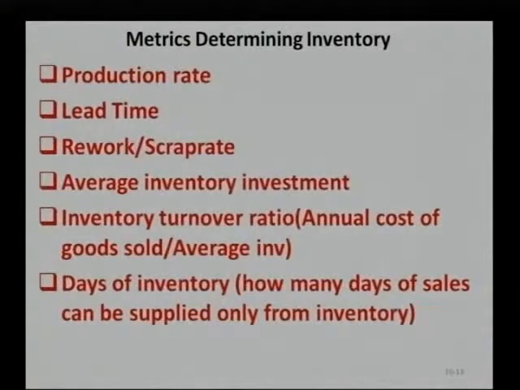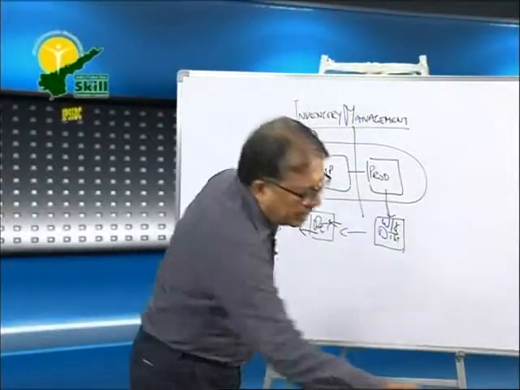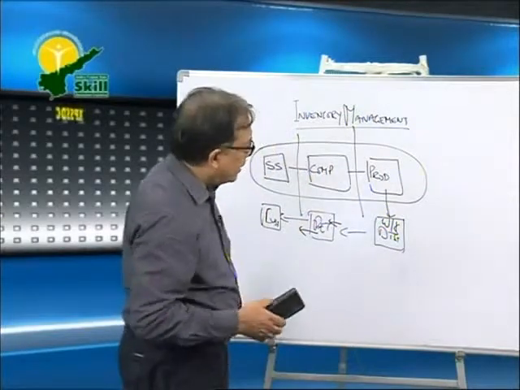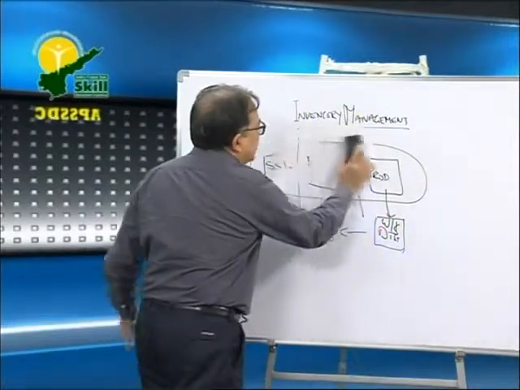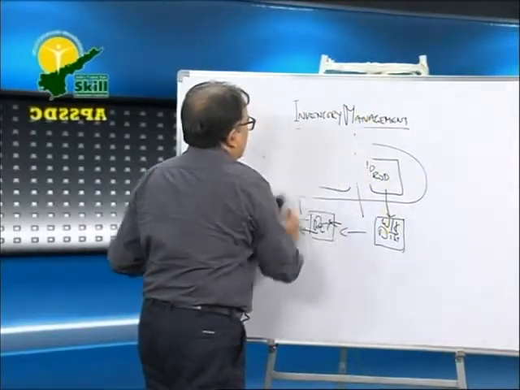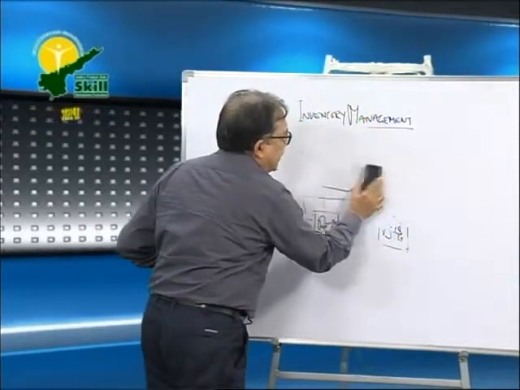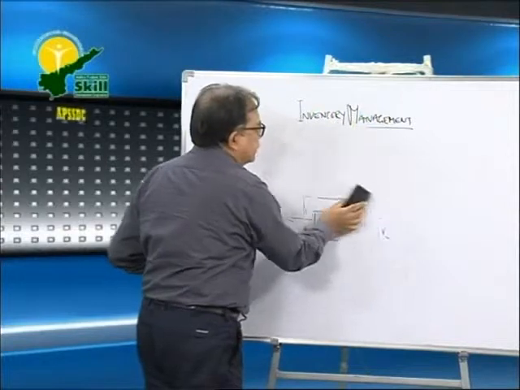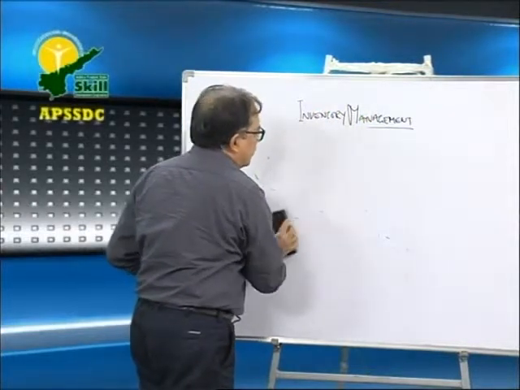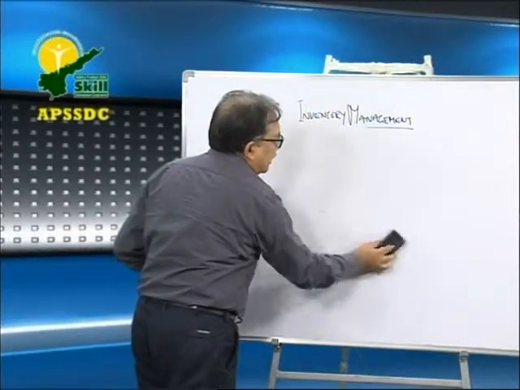The lead time. I'll tell you what a lead time is. A lead time is the time between the placement of an order and the delivery of that order. That is called a lead time.